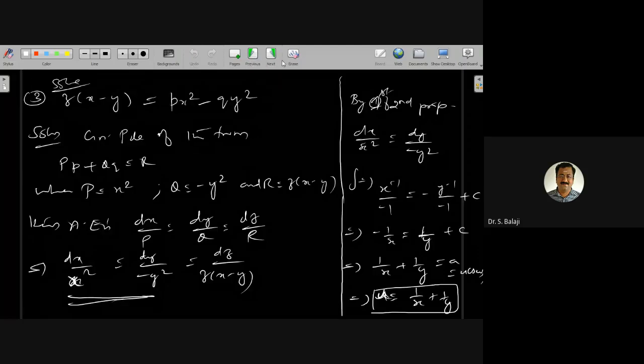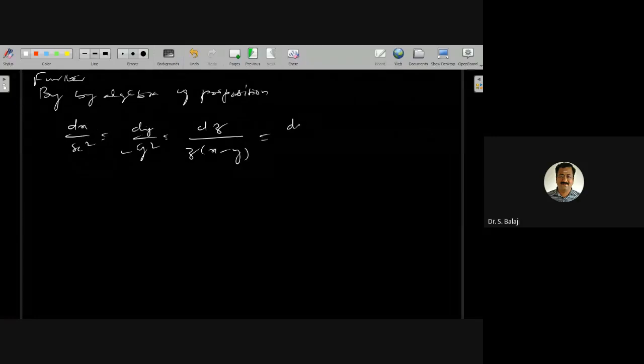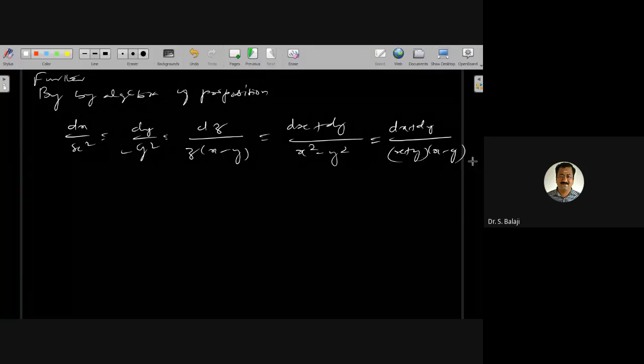So by algebra of proportion, dx by x square, dy by minus y square, dz by z into x minus y. You add these two, dx plus dy, because we are getting x square minus y square here. This can also be written as x plus y into x minus y, of a plus b, a minus b form.